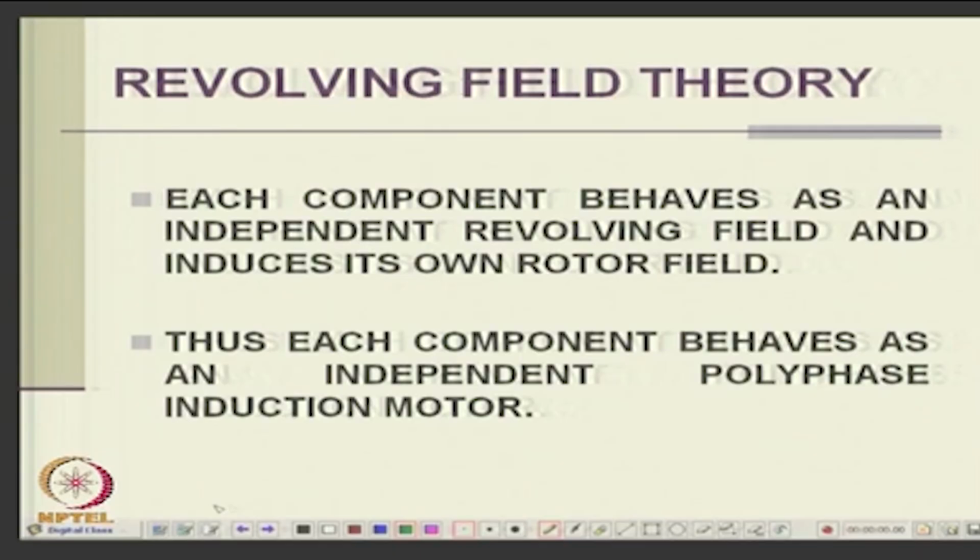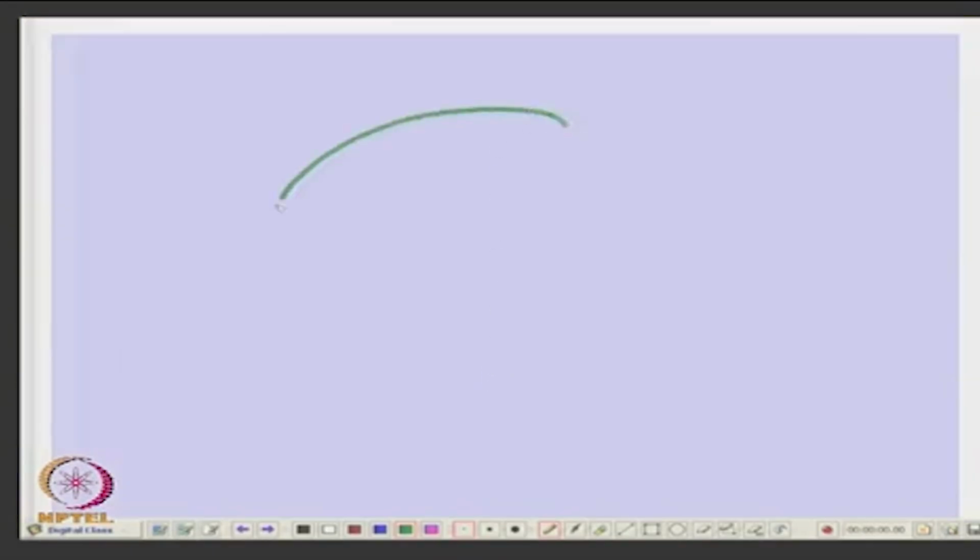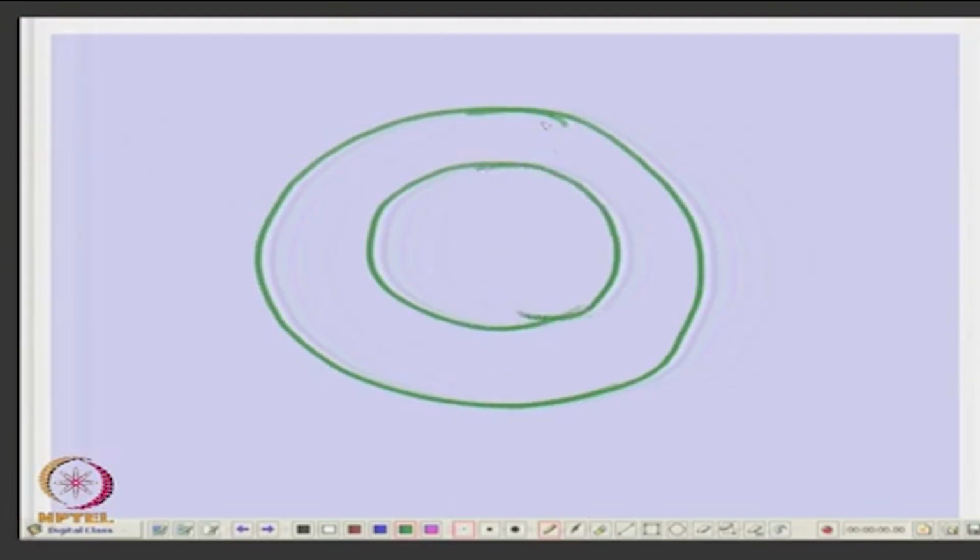Now, each component behaves as an independent revolving field and induces its own rotor currents. So, you have a forward stator MMF, let us say Fs, which is rotating. Then what will happen?